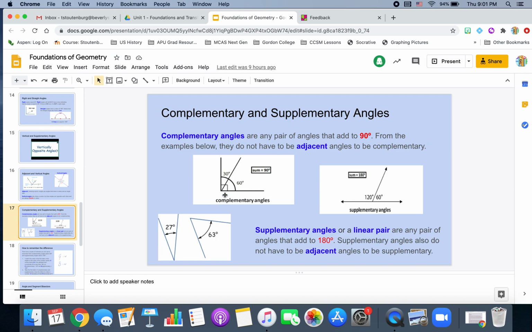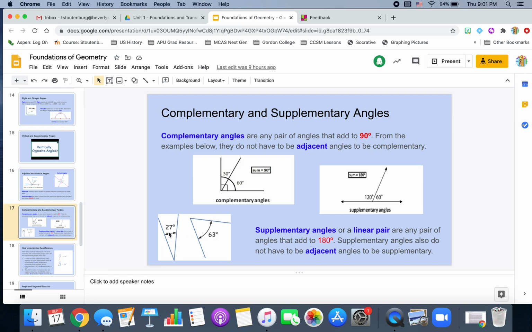Now, here I have two examples. Here we have 30 and 60, and these angles are adjacent because they're right next to each other. They share a vertex. These are complementary angles. But you'll notice that these two angles here, 63 and 27, also add to 90 degrees.